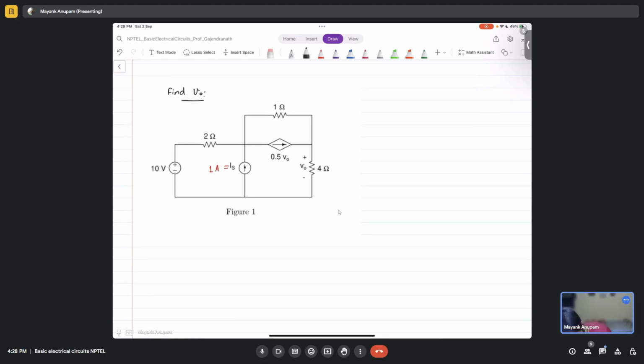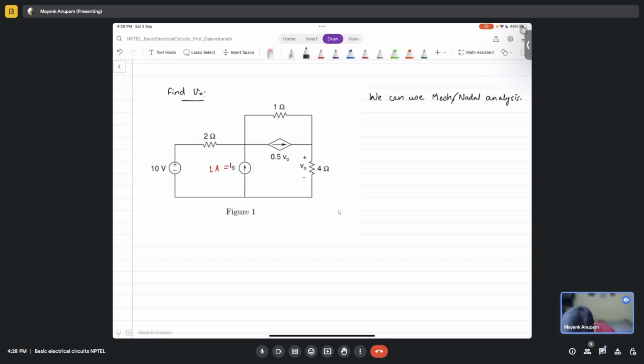Okay, so there are a lot of ways. We can use the mesh technique, or nodal analysis, right? All those things we can do.